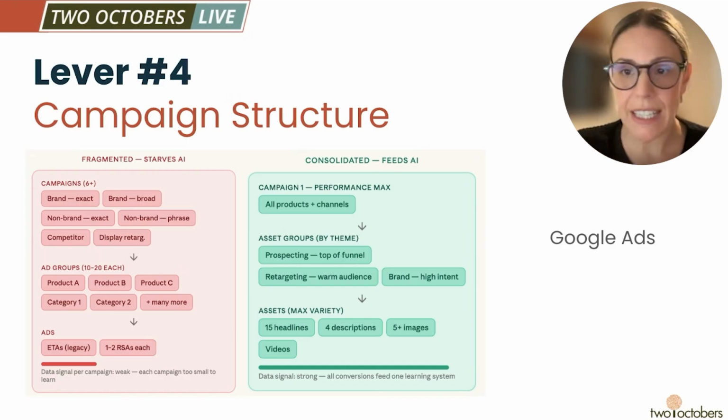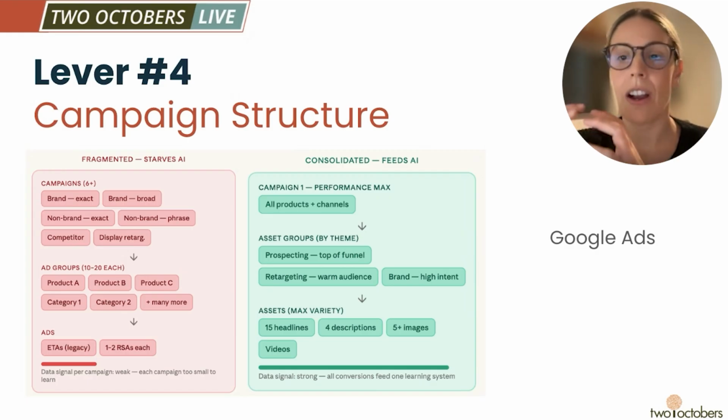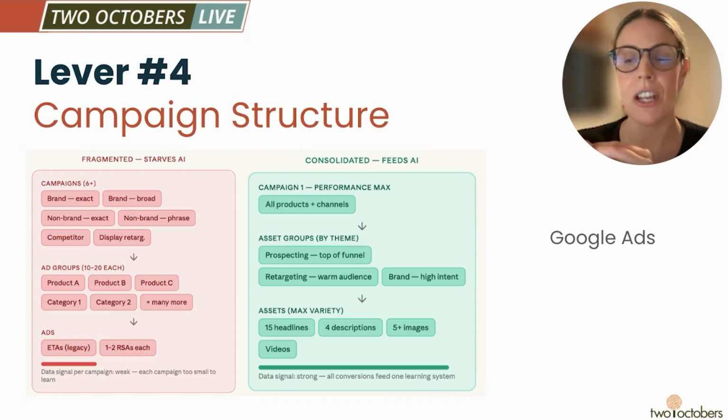And retargeting is still possible within our asset groups and within those audiences. So we're still able to build based on what we know and who we want to interact with. But the campaigns themselves are optimizing based on your budget and the sort of creative direction you give it.